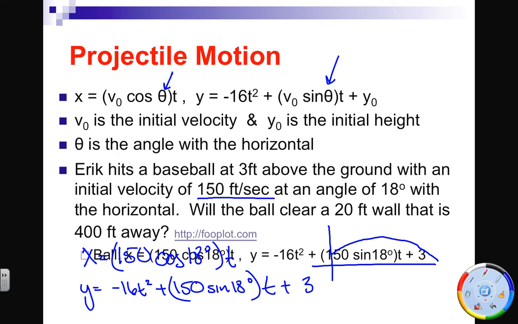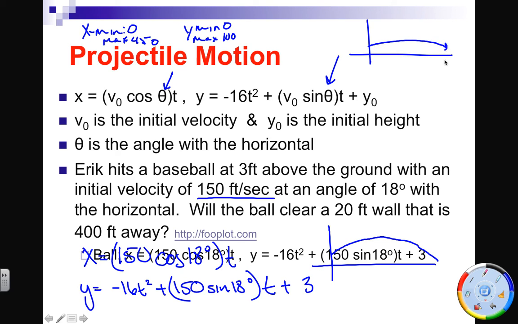Well, when I graphed that with those numbers, I said x min is 0 and max is 450. And y min is 0 and max was 100. I get a graph that looks like this. And it actually touches the x-axis here.